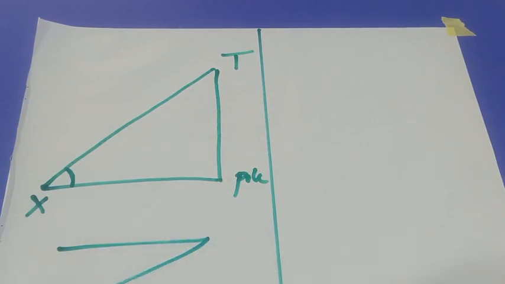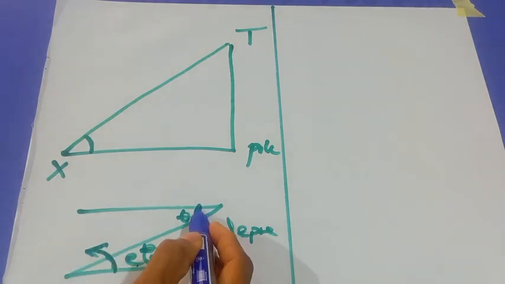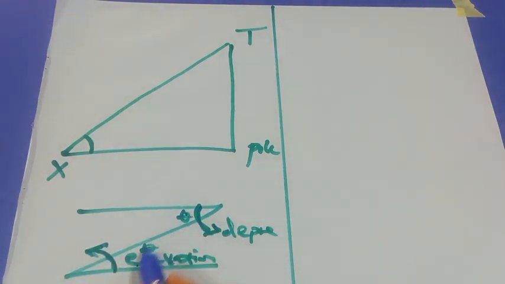That's why we always have something like this. This way is elevation going up. This way is depression going down. An alternate angle, theta, theta, they are equal.